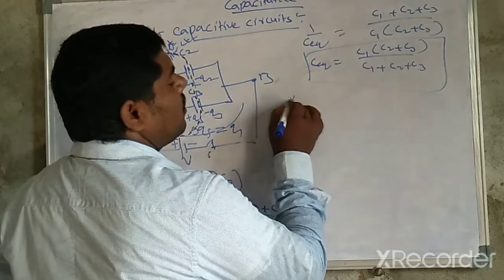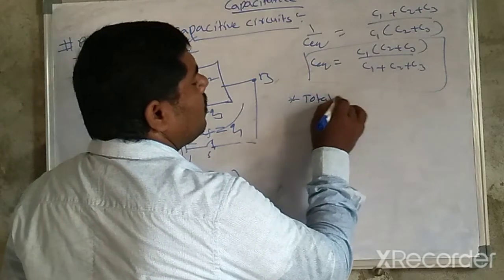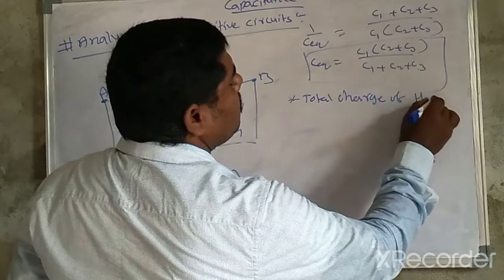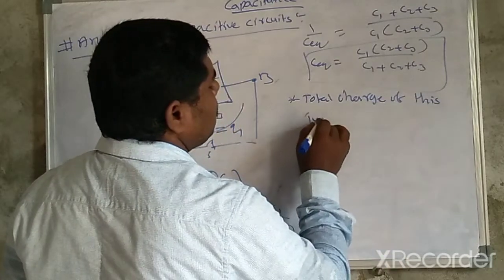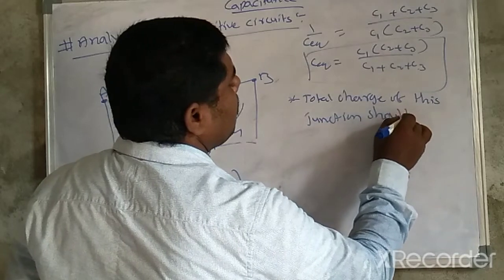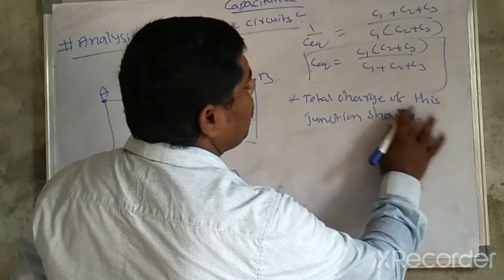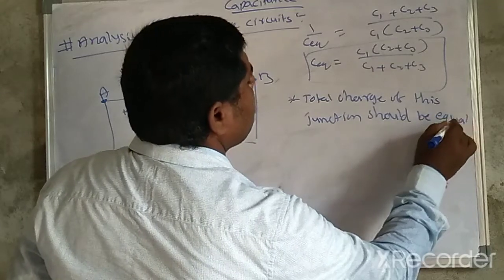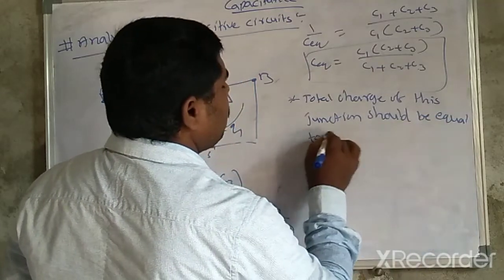Means here the total charge of this junction should be equal to 0.